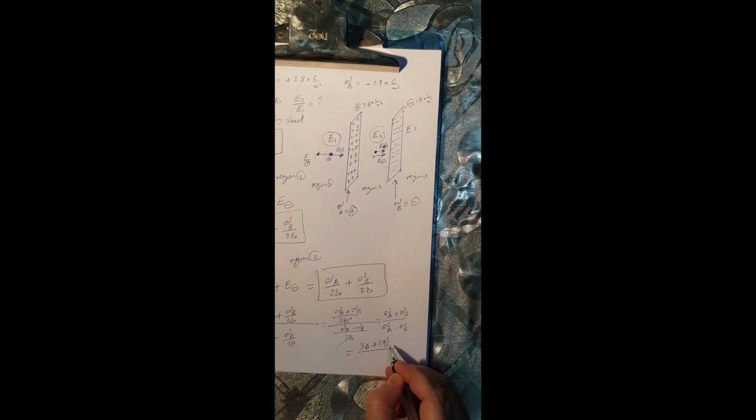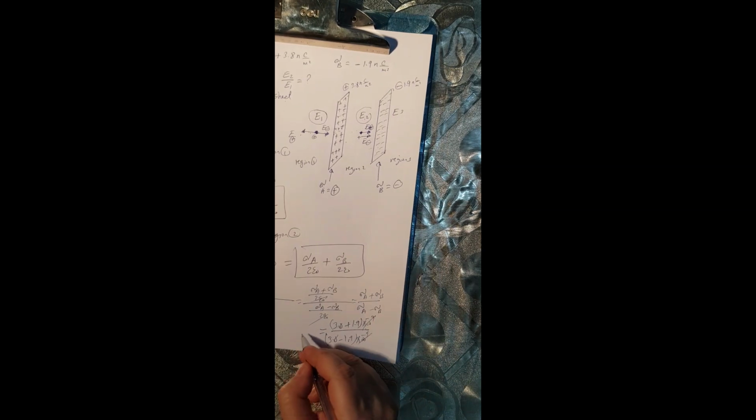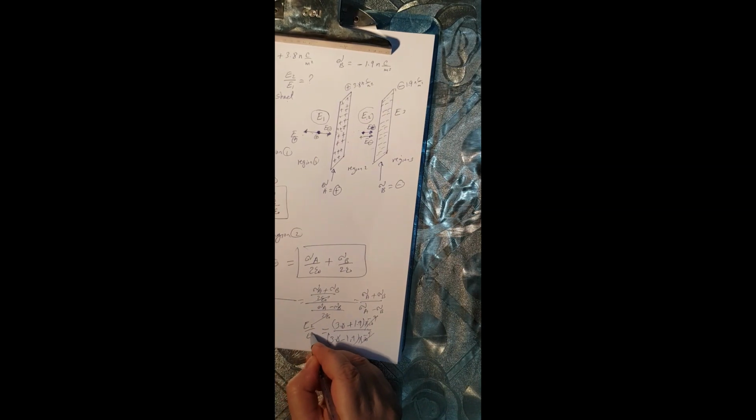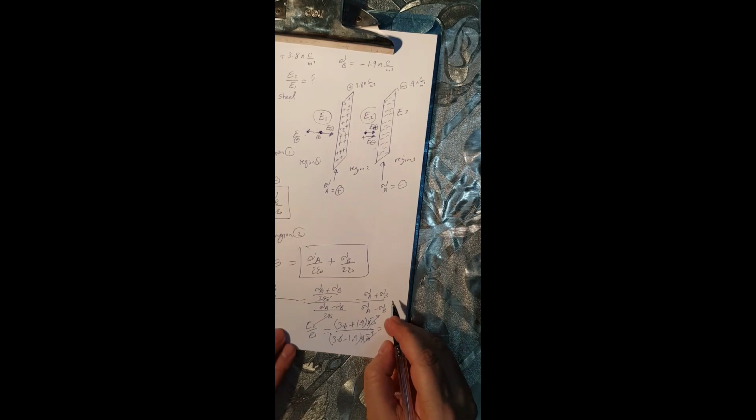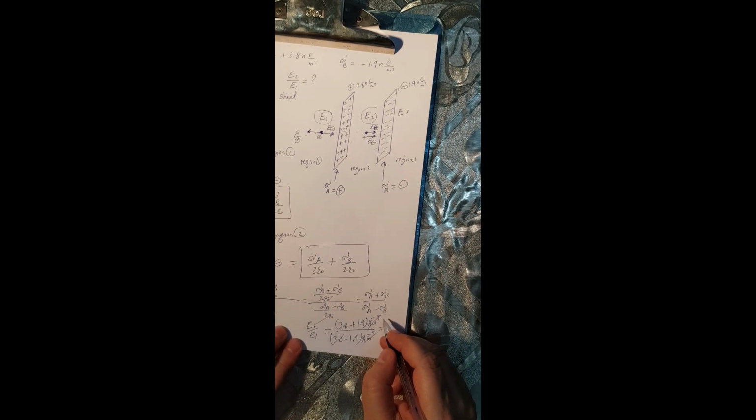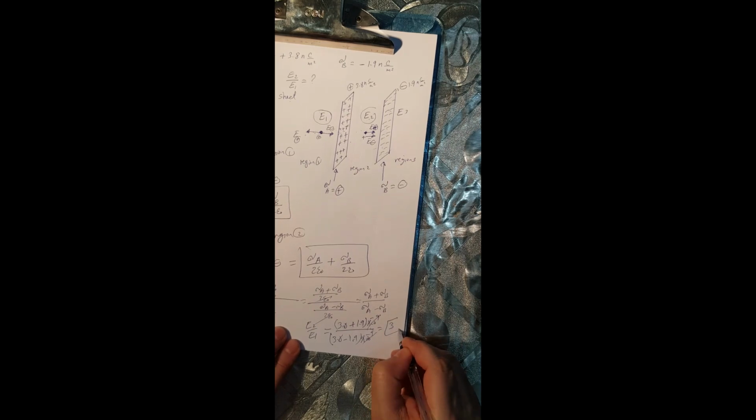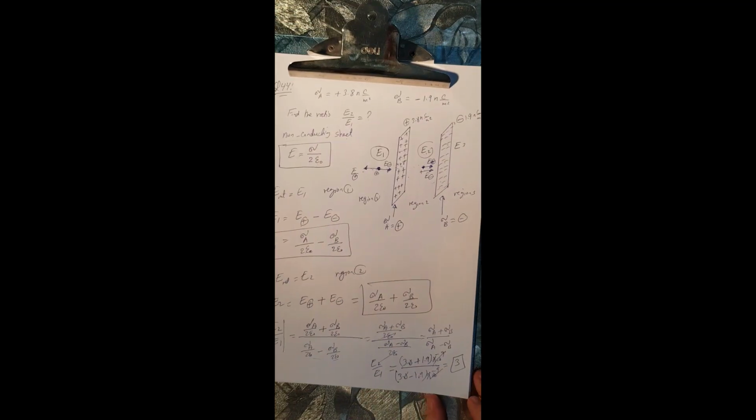So nano here, I can put the nano outside, times 10 to the power minus 9. Of course here I'll have nano as well, but below I have 3.8 minus 1.9 nano. Nano with nano cancel. So you add over subtraction. You have the E2 over E1 will give you 3. The final answer is 3.